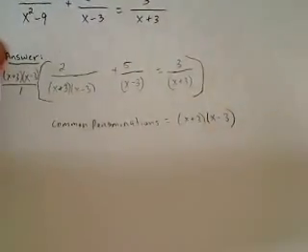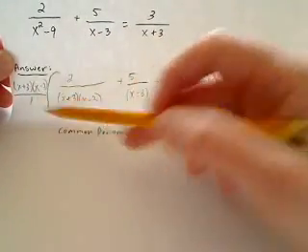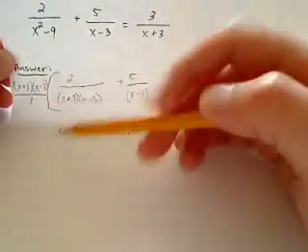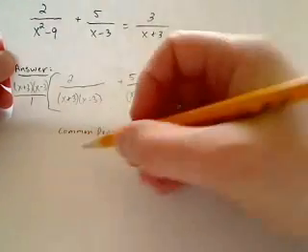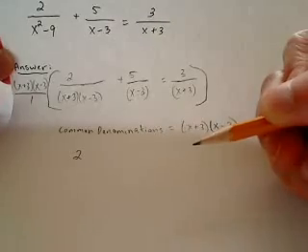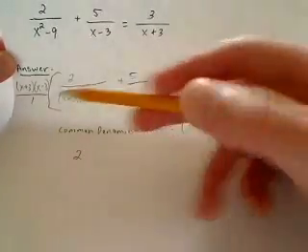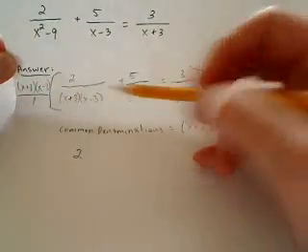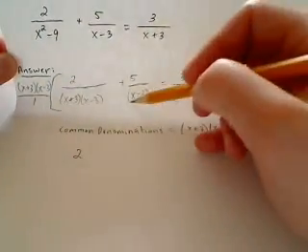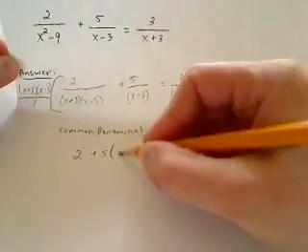When I simplify it down, if I have x plus 3 on top and also on the bottom, those cross out. Same with x minus 3. So what I'm left with on the first fraction is just 2, because I've cleared the fraction. On the second fraction, x minus 3 is on top and also on the bottom, so I could cross those out, and I'd be left with 5 times parentheses x plus 3.